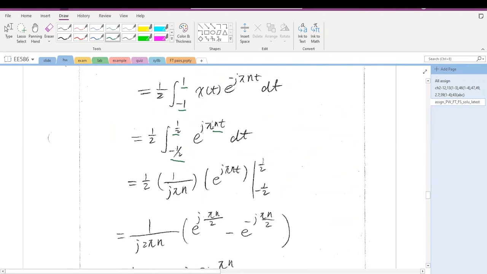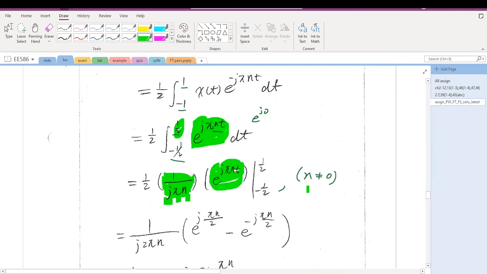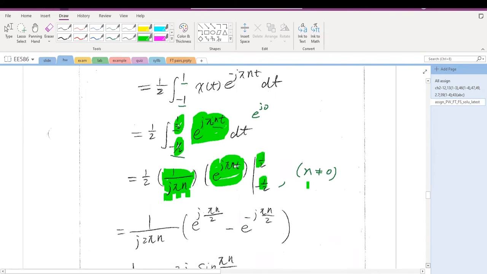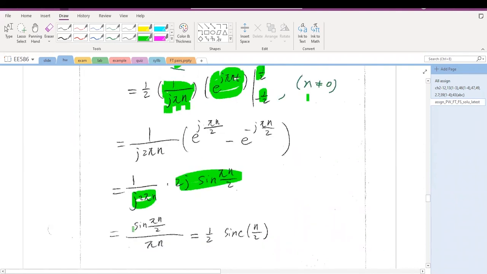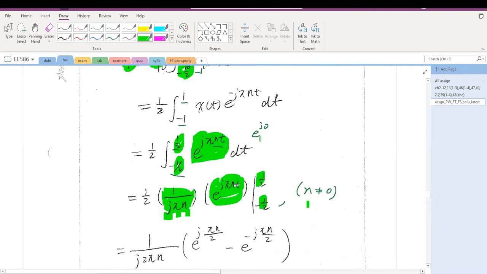Now we can use this for n not equals 0. If n not equals 0, we can integrate this complex exponential. This is the result. We take the definite integral from half to minus half here. Then you plug it in, and using Euler's formula, that's sine. We can use the definition of the sinc function. But for n equals 0, this integral is really easy.